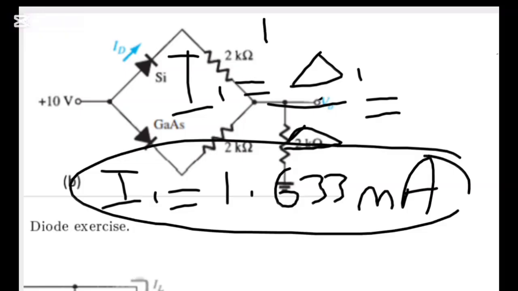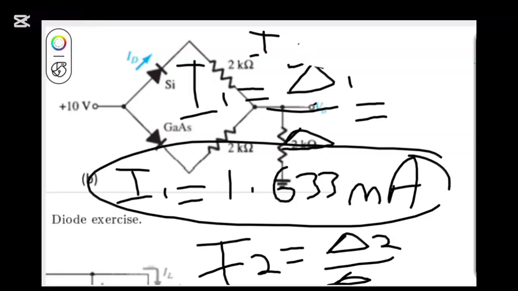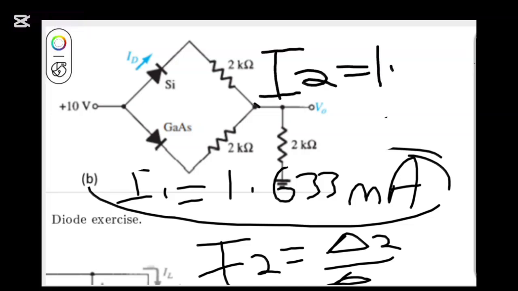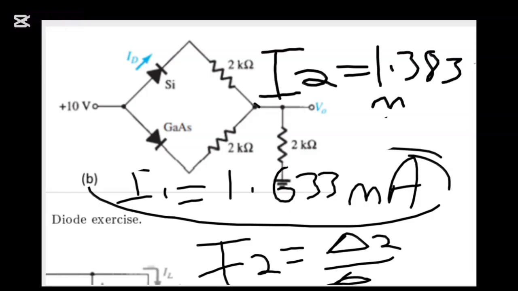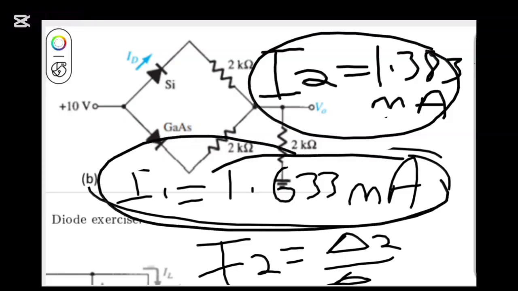And also I2 is the same thing as delta 2 over delta. After dividing this, it is equal to 1.383 milliamps. So this is the value of I2, and this is the value of I1.